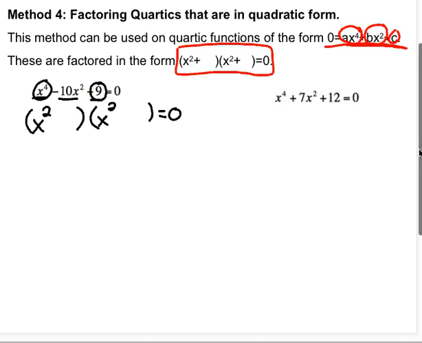The last two numbers I'm looking for need to multiply to 9 and add to negative 10. Well, when this number is negative, that's telling me I have positive. When this number is positive, it means I'm looking for two numbers of the same sign, and that tells me that sign is negative. So the only way to make this work is to have a negative 9 and a negative 1.